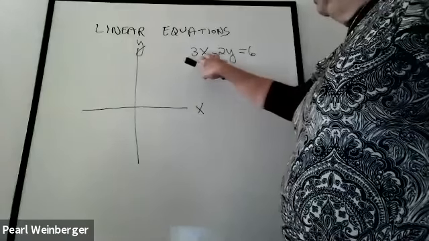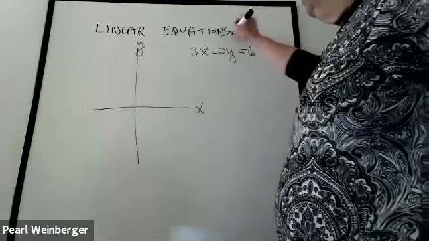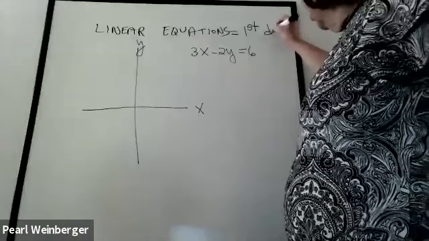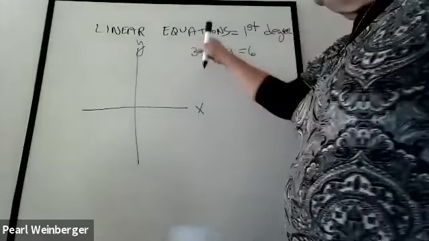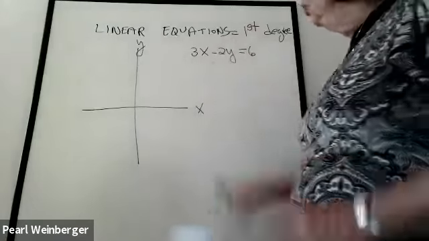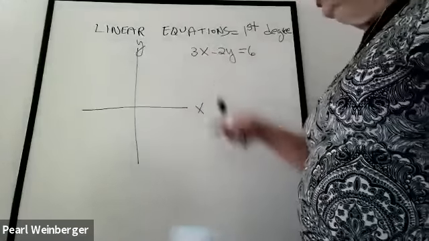This type of equation is called linear or first degree. Because the highest exponent you're going to see in this equation is 1. Remember, if no exponent is shown, it means its exponent is 1.